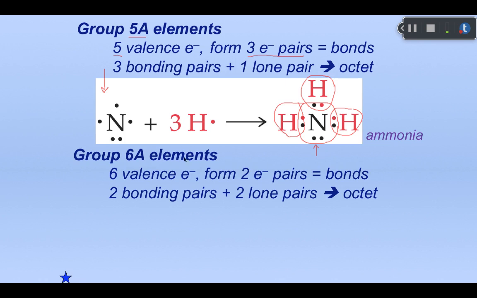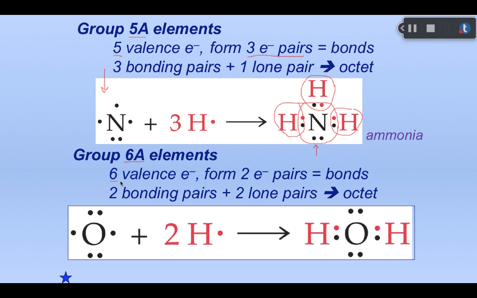If you go beyond group 5A, group 6A with 6 valence electrons, the easiest simple group 6A element would be oxygen. Combine that again with hydrogen, and you have water. So what are we going to do? We have 2 lone electrons and 2 lone pairs of electrons. And so the 2 singles are going to create bonds with each hydrogen.